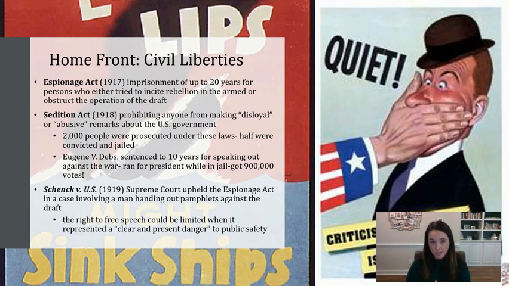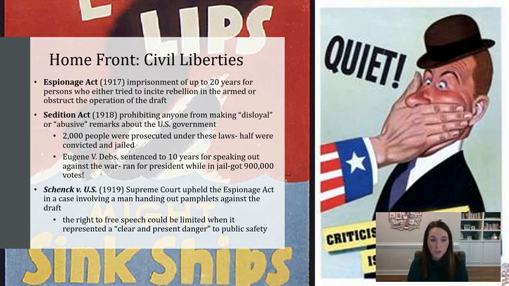A continuity in American history is that during war, there is the limitation of civil liberties. During the Civil War, for example, Abraham Lincoln suspended the writ of habeas corpus. And in World War I, you're going to see it again.